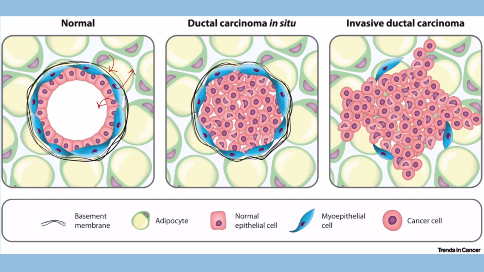In case of ductal carcinoma in situ, as you can see, the basement membrane and myoepithelial cells are not touched, and the cancer cells are within the ducts of the breast. But in case of invasive ductal carcinoma, as you can see, the basement membrane and myoepithelial cells are breached and they are outside of the duct of the breast, and they are in the stroma of the breast.